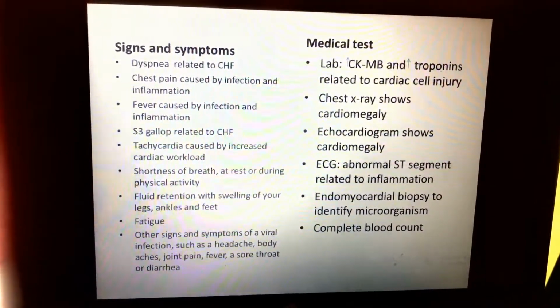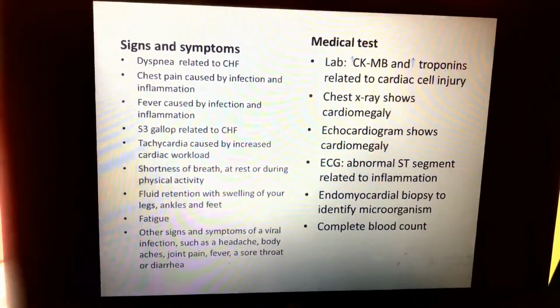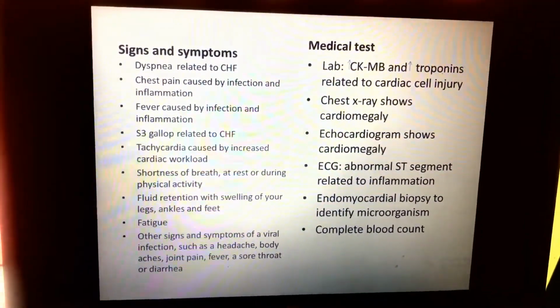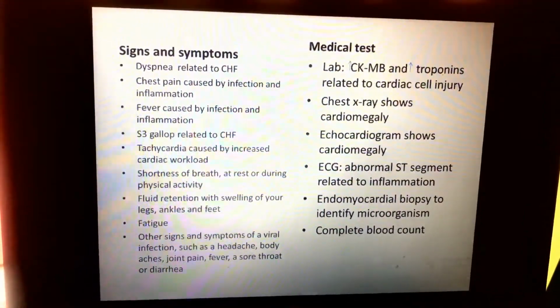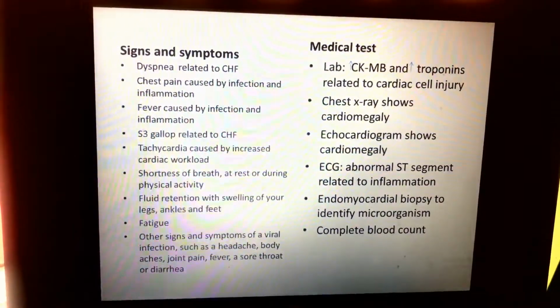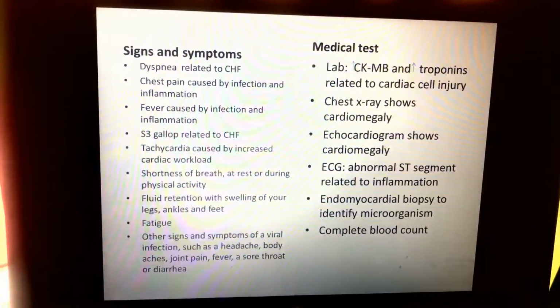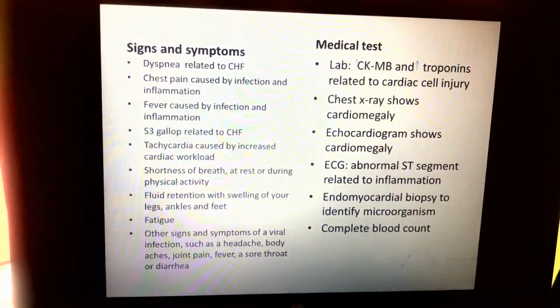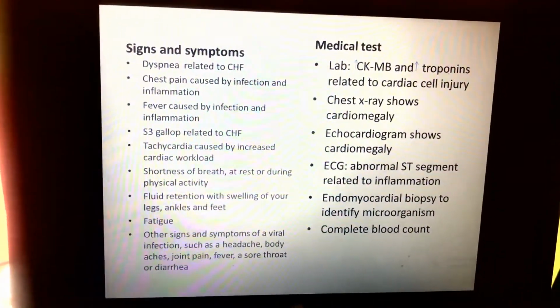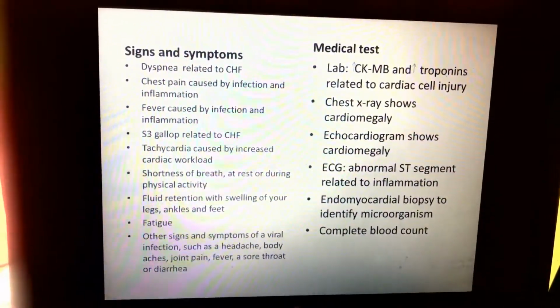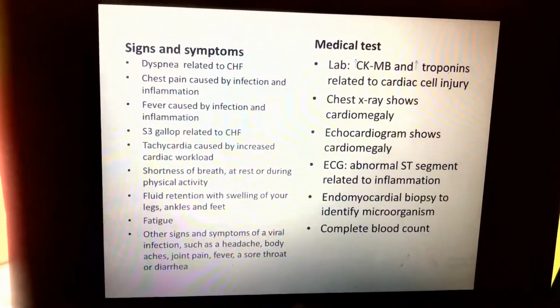So now we will have fluid retention with swelling of our legs, what we call edema, because the heart is not pumping the blood out of the right ventricle, and the blood turns back to the systems. We will have the edema, most of the time the swelling in the legs, ankles, and feet.